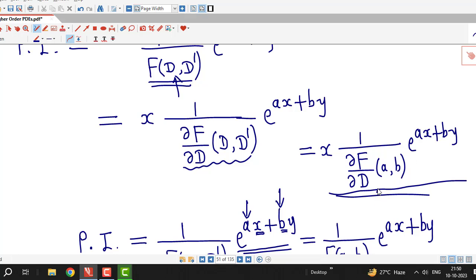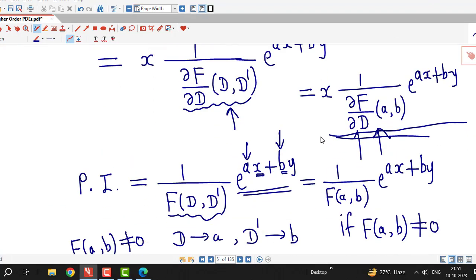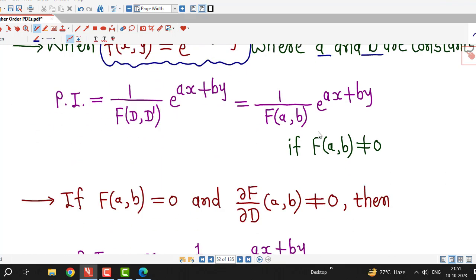Now suppose this also becomes 0, then we will multiply by x square, and we will again take the derivative with respect to D, and then again we will check whether the second order derivative is non-zero at the point (a,b). So this method is similar to the method for linear ODEs with constant coefficients.